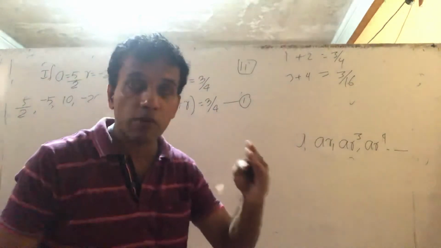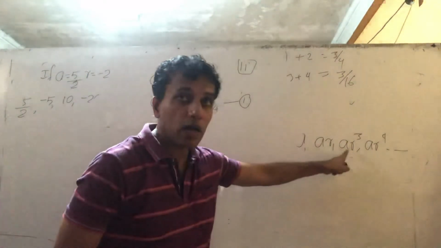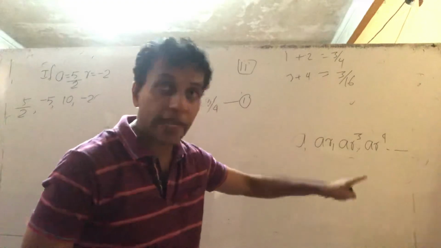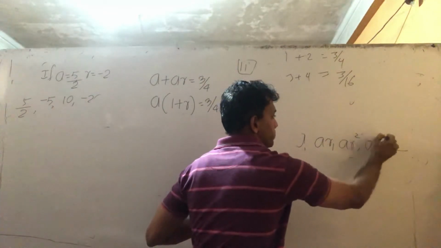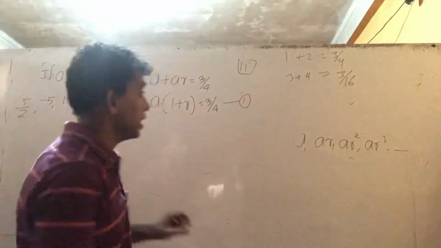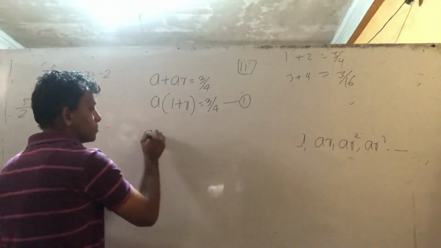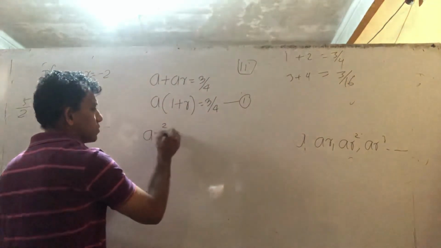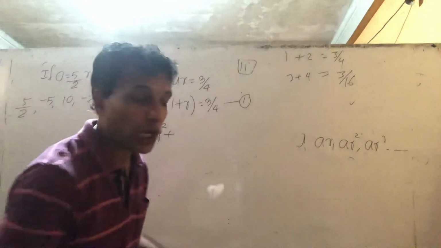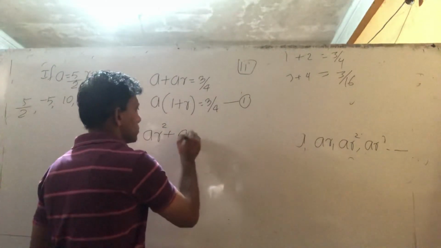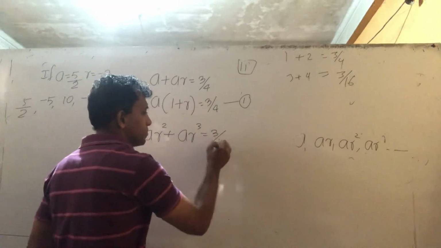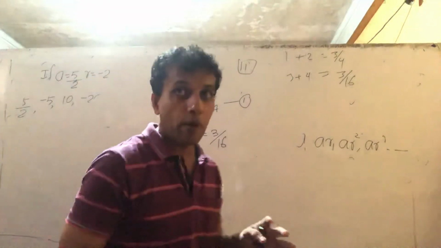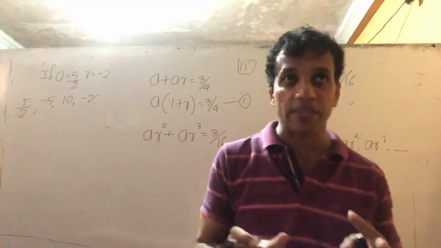The third term of a GP is AR square. The fourth term is AR cube. This is 3/16.